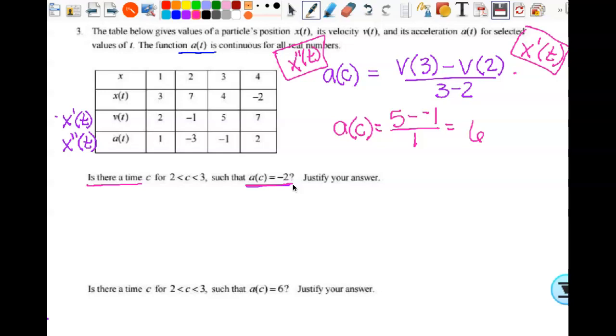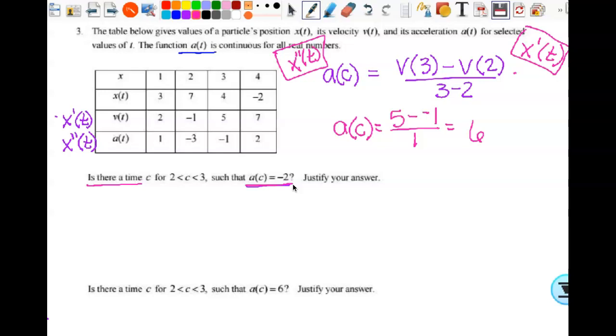So, do you think this is IVT or MVT, or either one of them? Are we looking for something that's possibly missing on the table? Yes. Could we look at this from an average rate of change position as well?